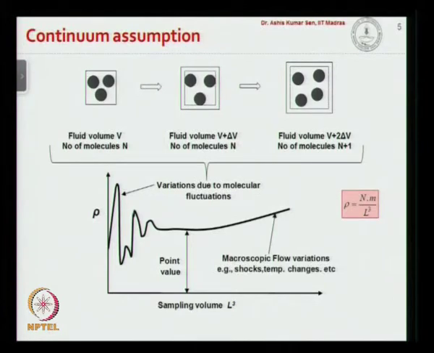Let us say for example you have local heating of the flow, that will lead to a change in the density at a particular location. So in that case also we cannot consider the flow to be continuous; the assumption that flow is continuous breaks down.